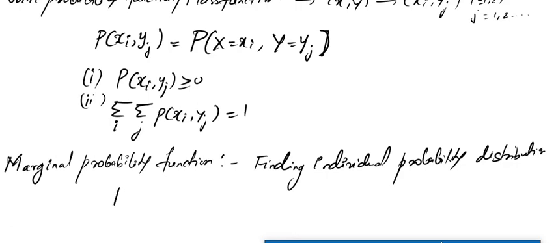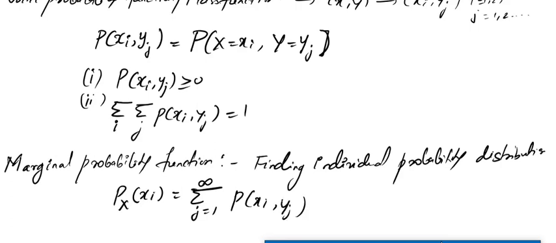For example, if I am finding for x, P of x at xi can be written as the sum over j equal to 1 up to infinity of P of xi, yj.